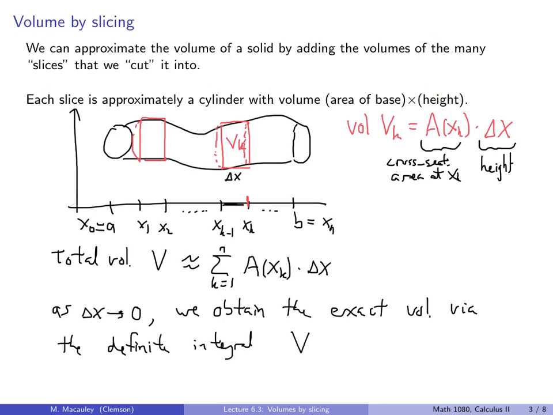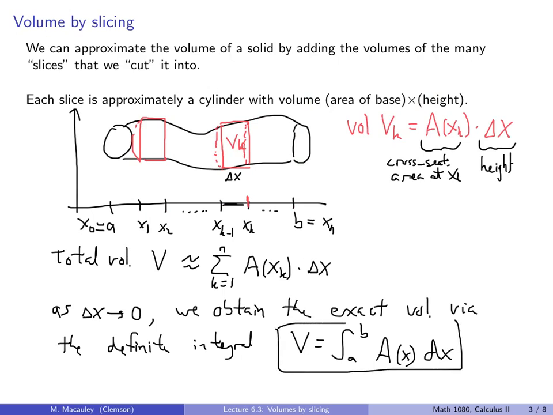And so V is the integral. We integrate from A to B, the area as a function of x, times dx. Now let me box this.